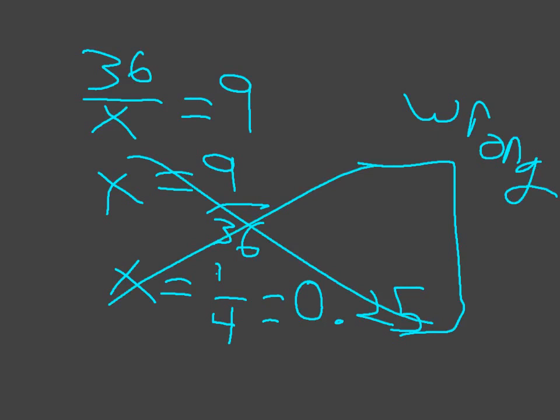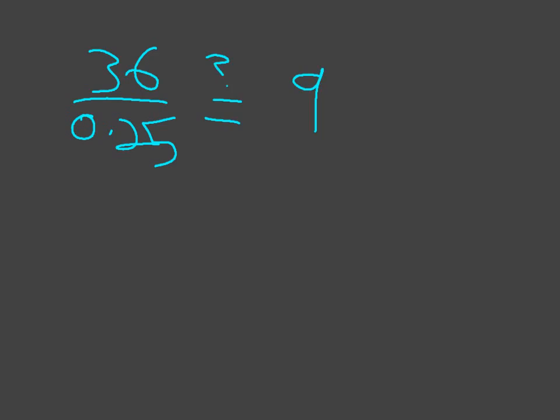And we can see it's wrong if we would go back and check. So 36 divided by 0.25, and we want to compare that to see if that is equal to 9. Well, you can whip out your calculator if you like.